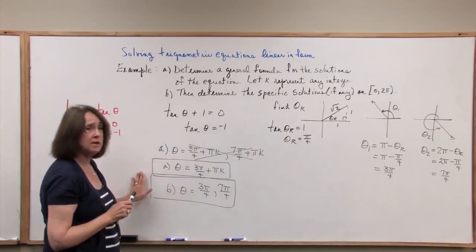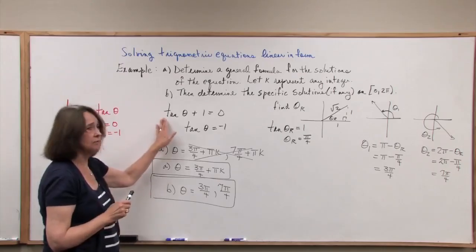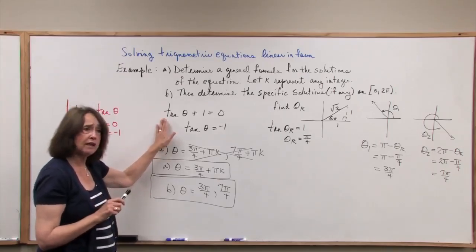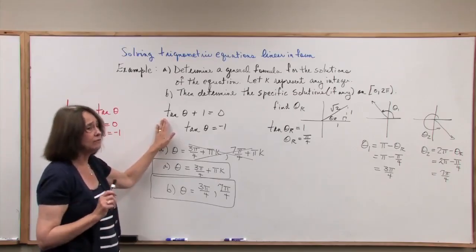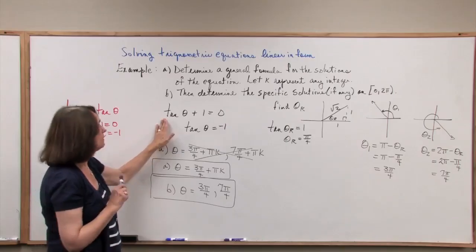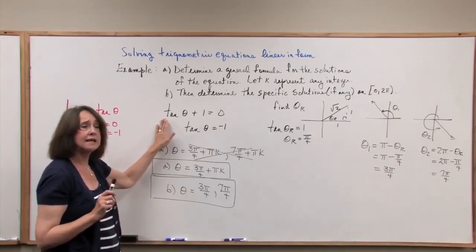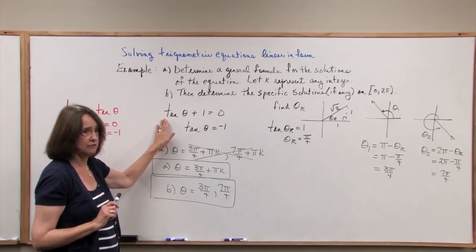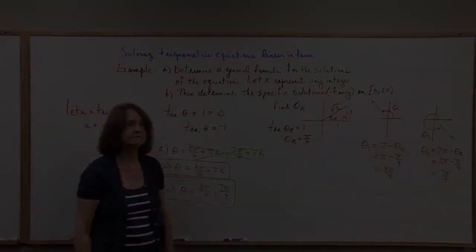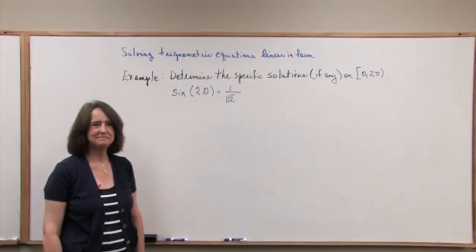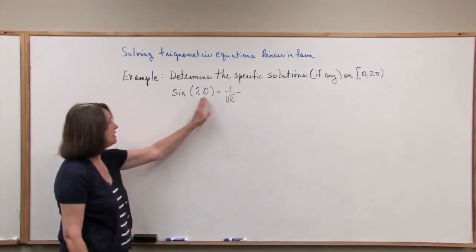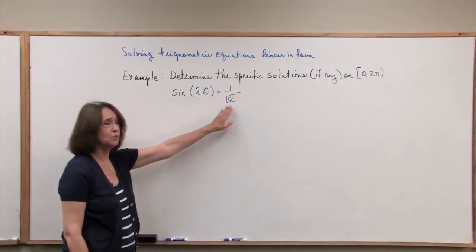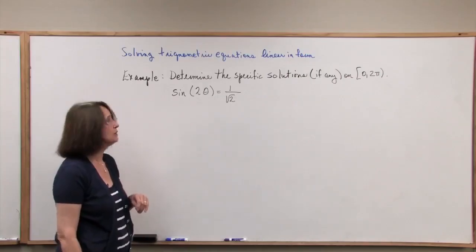What you want to remember about this problem is that when you're solving with the tangent function, you're going to work it very differently than if your trig equation has the sine or the cosine function. We're going to look at this example. The sine of 2 theta equals 1 over the square root of 2.